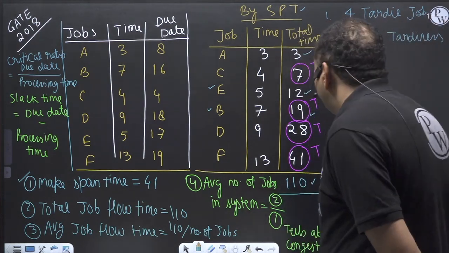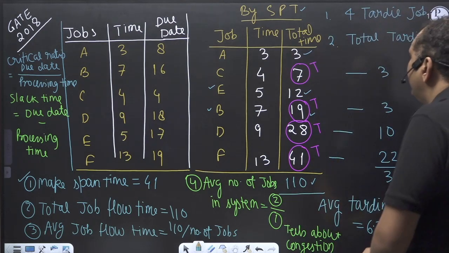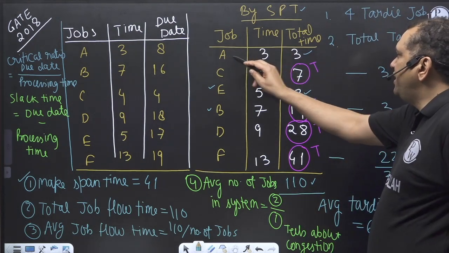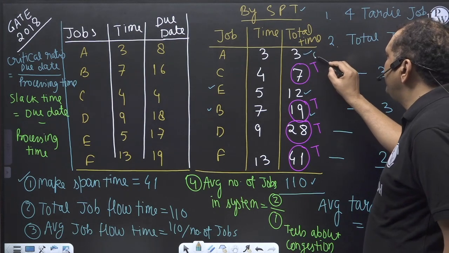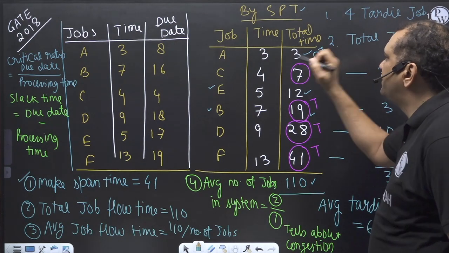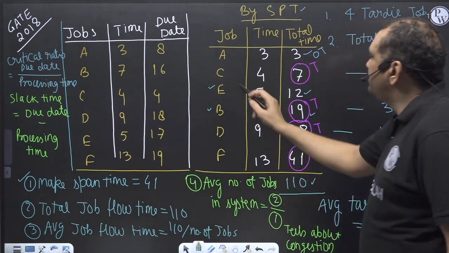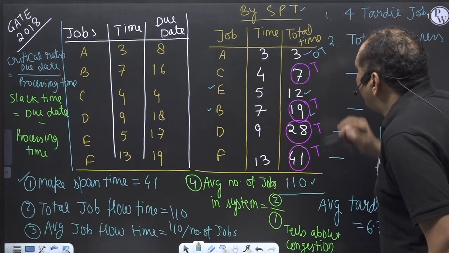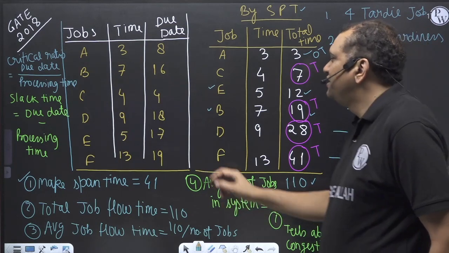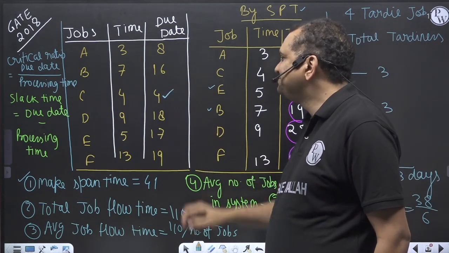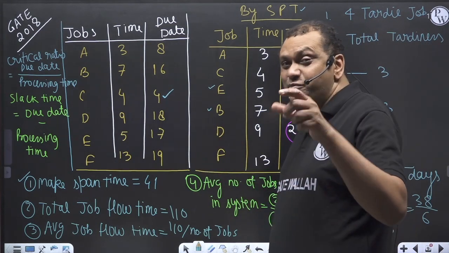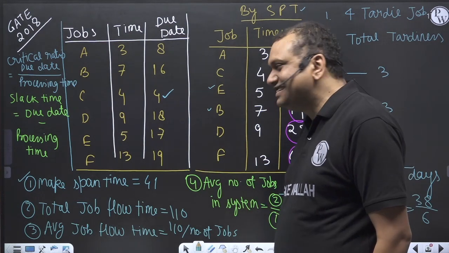Okay. Now see here, job A will be dispatched after 3 days, which means it will be dispatched on time because the due date is after 8 days. C will be dispatched after 7 days, but it is supposed to be dispatched after 4 days.